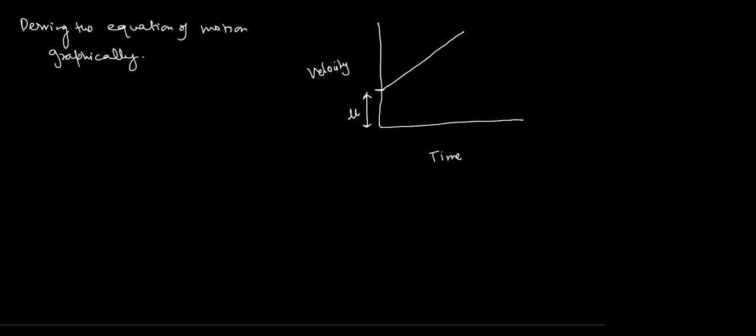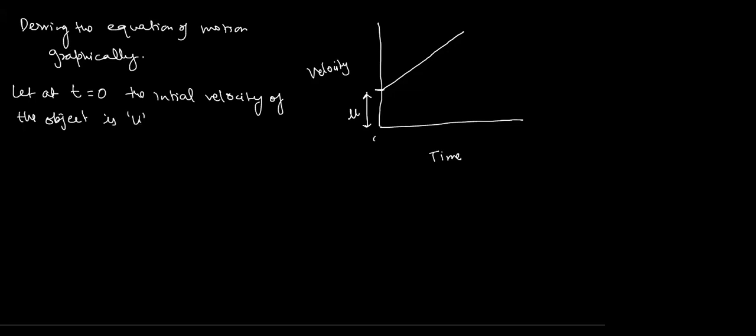So I'm saying that at t equals 0, the initial velocity of the object is u.